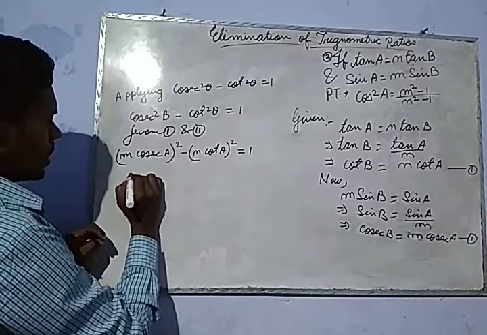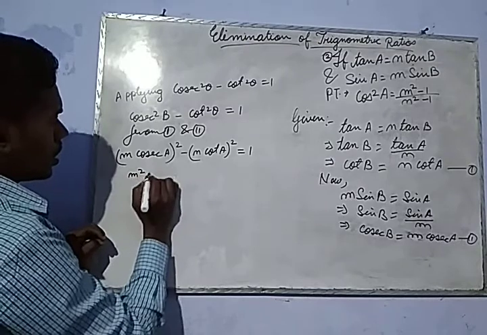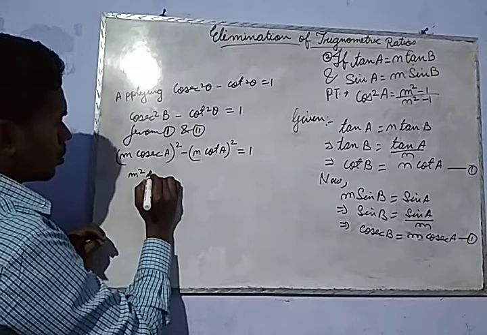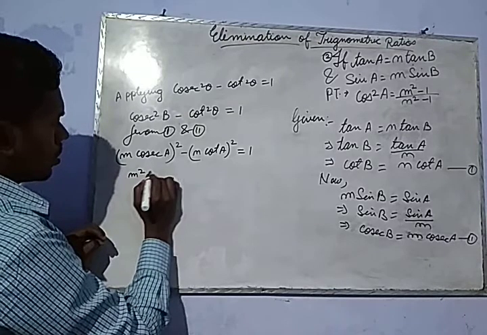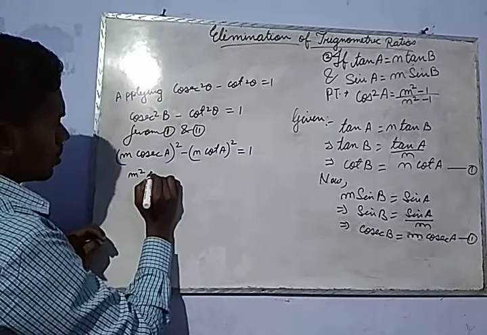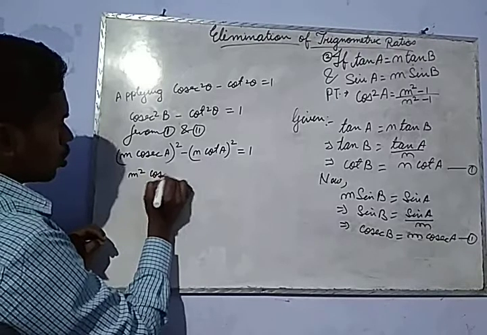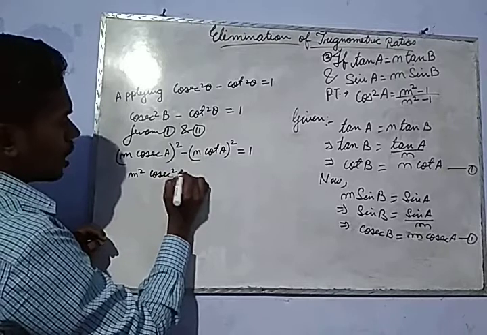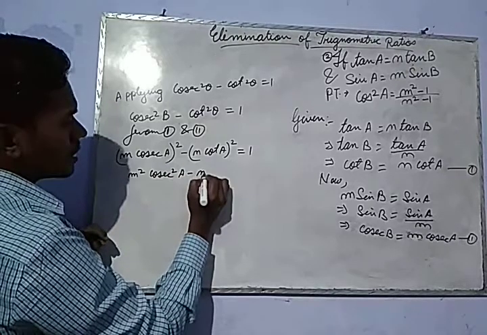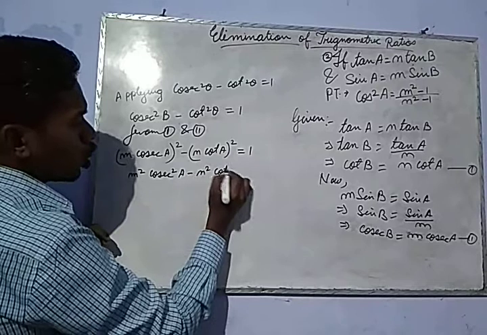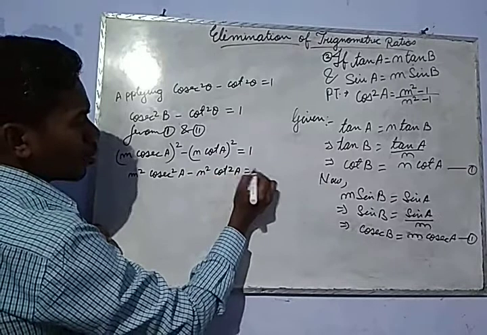So it can be written as m square cosec square A minus n square cot square A equals 1.